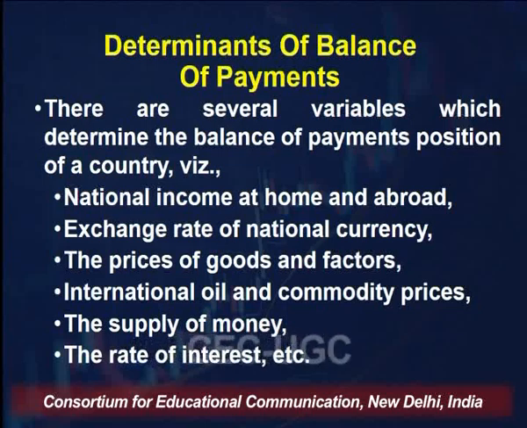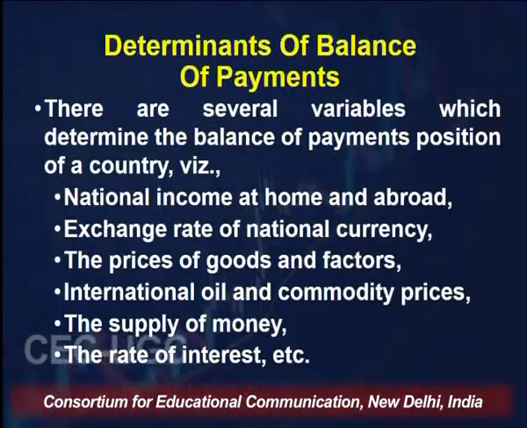Whatever prices prevail in the international market, your exports and imports will also depend upon that. So it's a comparison between your own prices of these products and the prices of the commodities in the international market. Supply of money also is a main determinant, because that affects the purchasing power of the people. That also affects the demand for the commodity in the market.